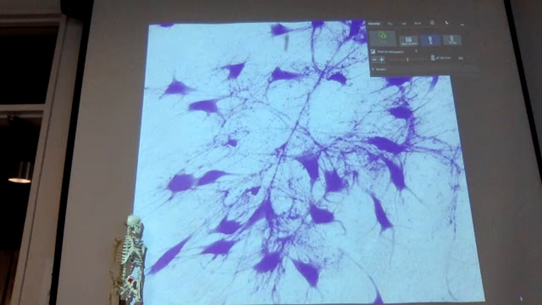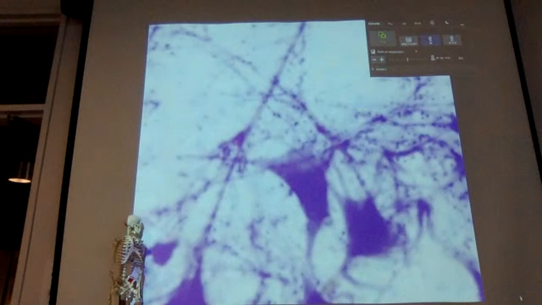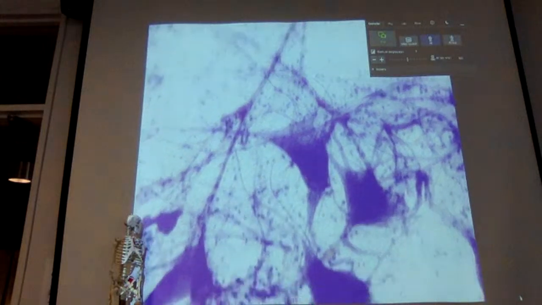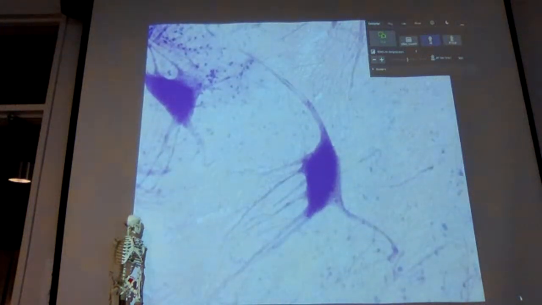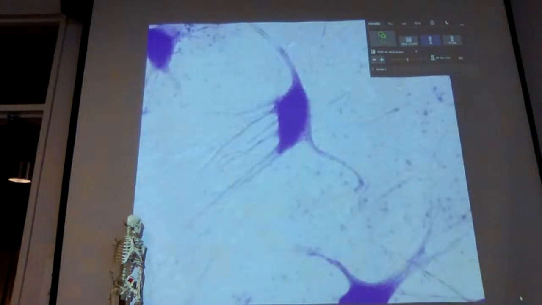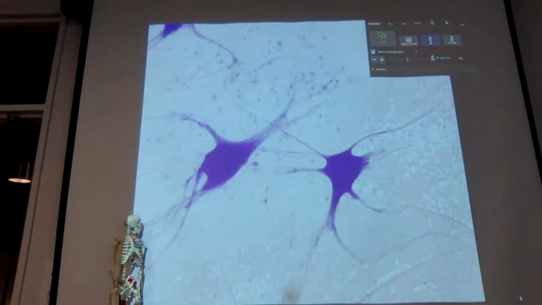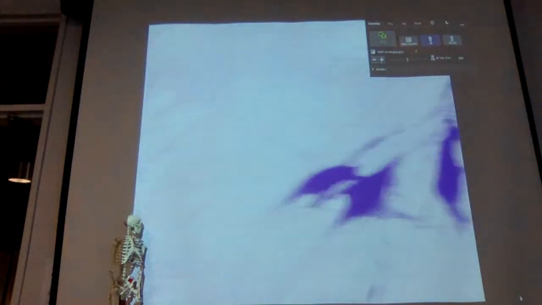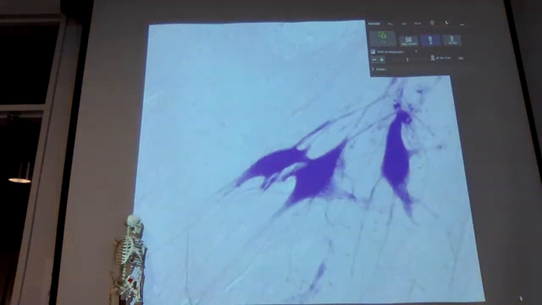So I'm at 40x right now. I'm going to go to 100x. I'm searching for a neuron where I can easily point stuff out. So bear with me. Suppose this will do.